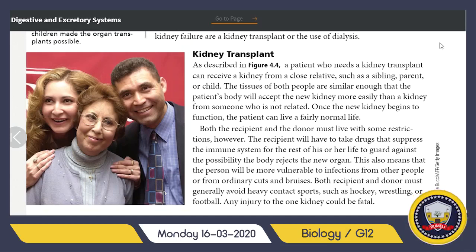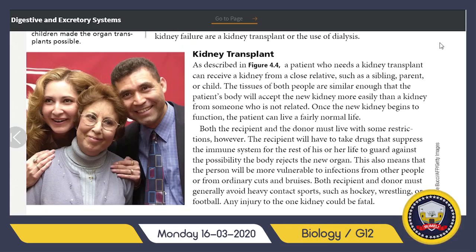For example, the recipient will have to take drugs to suppress the immune system, even if it's from a relative donor, okay? Because you don't know when the immune system decides to attack this new organ, because it's a different tissue from your own original kidney, which is damaged now, okay?